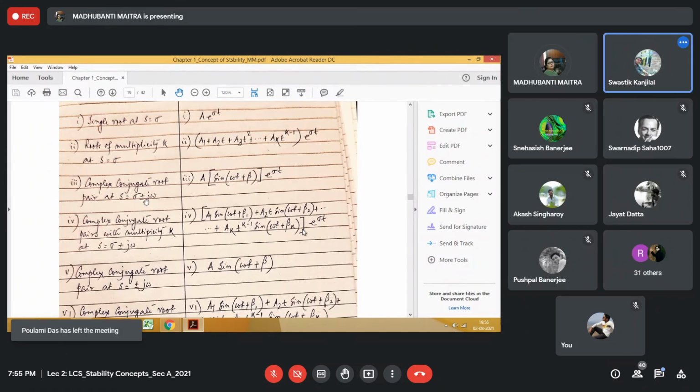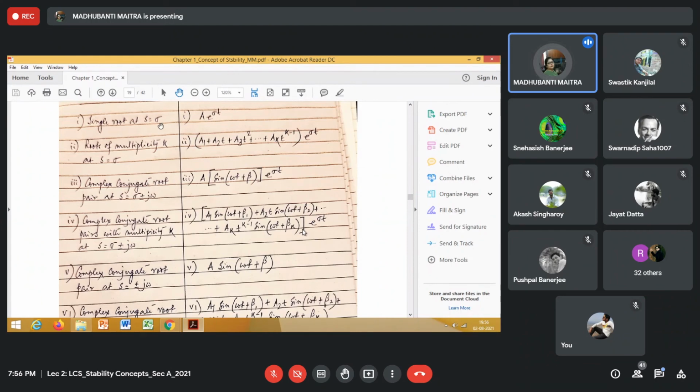Ma'am, can you repeat the last part? Suppose we have a system for which we have a real root at s equal to sigma and a complex conjugate root pair at s equal to sigma plus minus j omega. So far, is this clear? Yes, ma'am. Now, if we want to observe the output response of the system, then the output response C(t) will have two components.